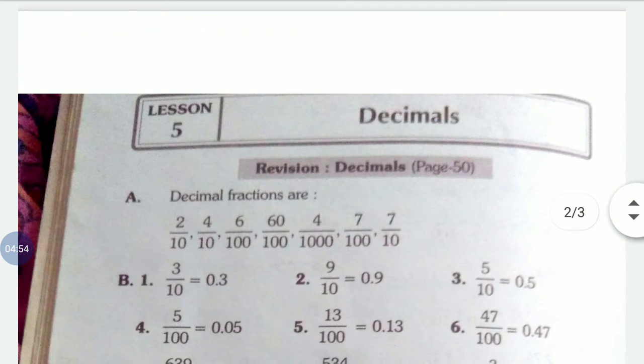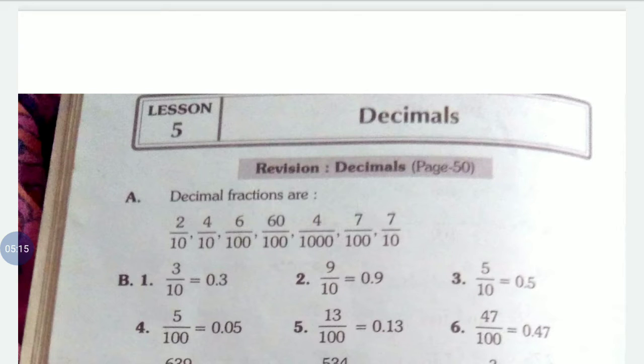Now on the basis of that, there are some examples given in the book on page number 50. In the first example, some fractions are given and you have to tell which of them are decimals.